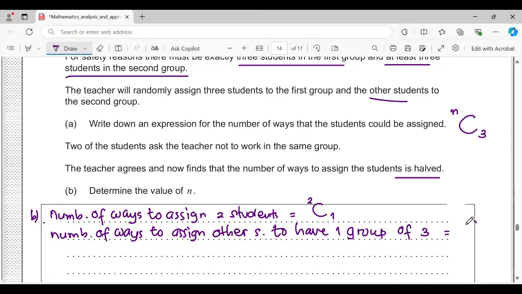And that is the combination of the others, n minus 2 with ratio 2.